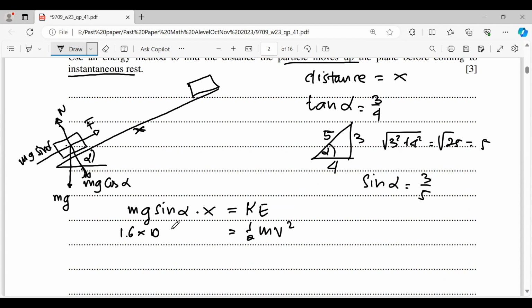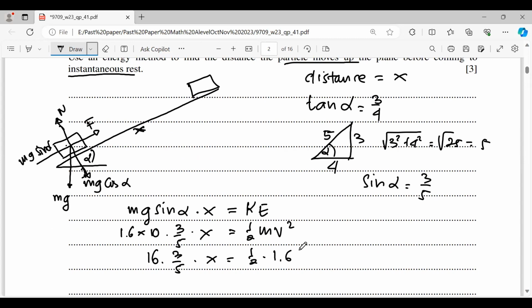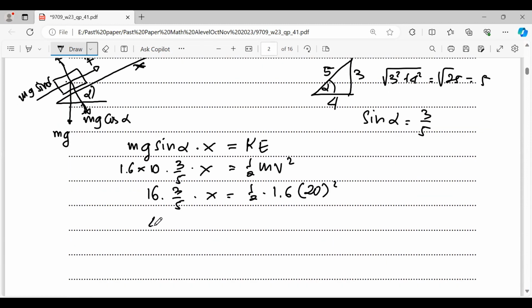sin alpha equals 3/5. So it's going to be 16 times 3/5 times x, equals half times 1.6, because mass is 1.6 and speed is 20 meters per second, 20 squared. 48/5 times x equals 400 times half, 200, times 1.6.